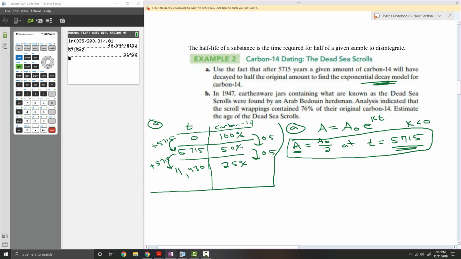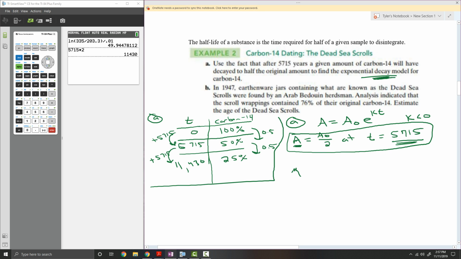In for A, I can plug in a sub 0 divided by 2. I'm just plugging in this value for A into the equation, and then we'd have a sub 0 e to the 5,715 times k. We want to solve for k.